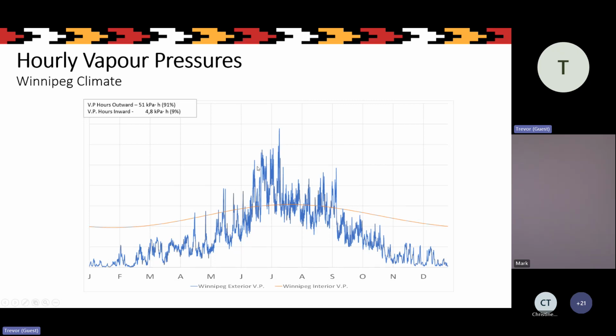I've done this for Iqaluit, and it's almost 100% vapor flow from indoors to outdoors. That matters when it comes to the performance of our building enclosure and how we design our vapor barrier.